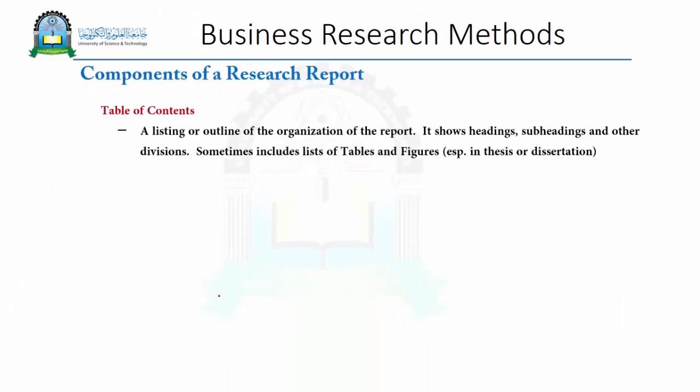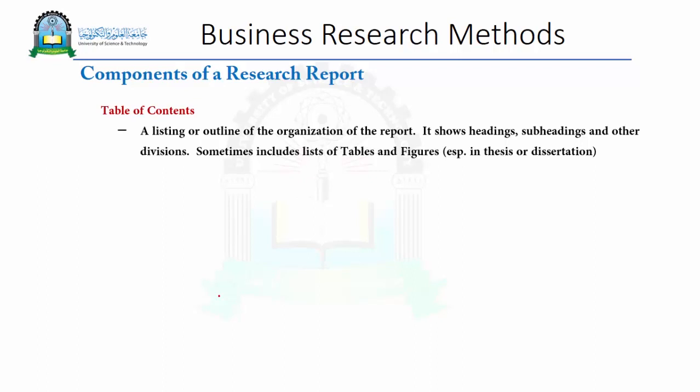The component number 4 is the table of contents, and as we said, the table of contents must be included in dissertations and theses, but not in research papers.